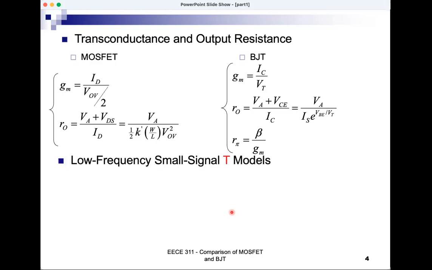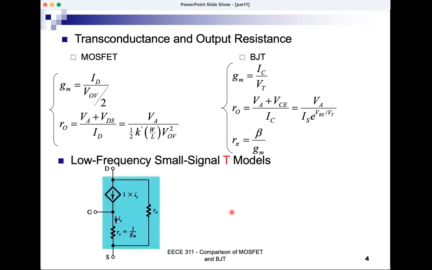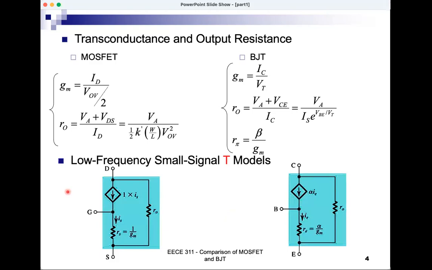And for completeness, we will also review the small signal T model. The small signal T models are another set of models for the transistors, and they give the same results, of course, whether we use the small signal T model or the small signal hybrid pi models.